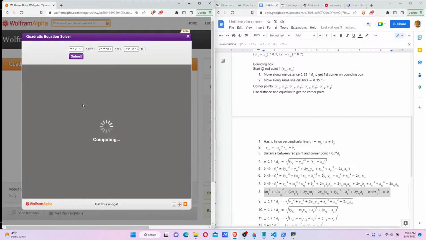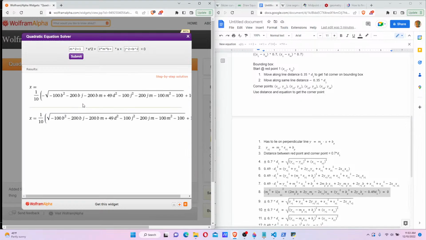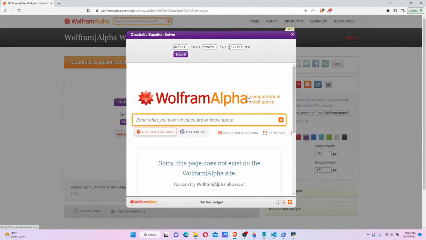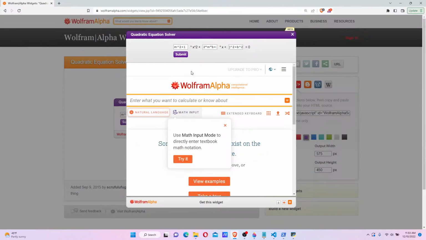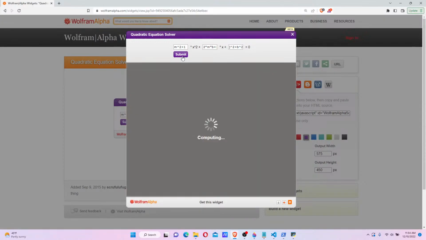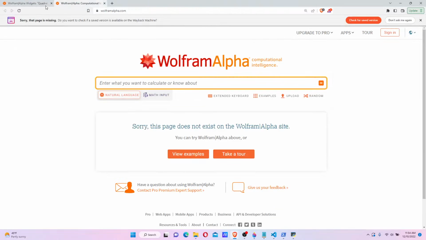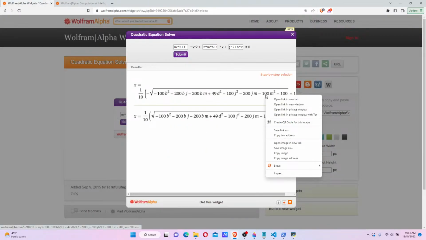Okay, let's see if this works. Oh, good. Yeah, so x is equal to plus or minus. Oh man, no. Why won't it copy image?